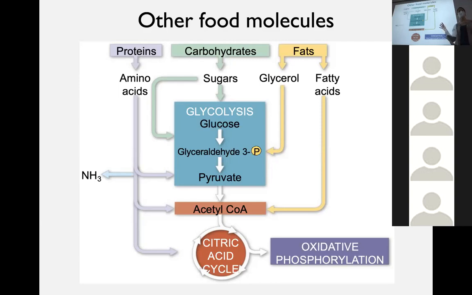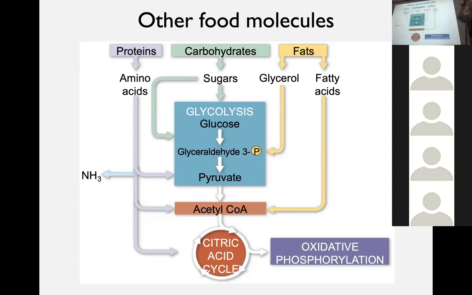I just wanted to take a second so you're not thinking, oh, all we eat is sugar and we only break down glucose. I want you to realize that yes, fats, fatty acids, or glycerols, will basically bypass the glycolysis step because they don't need to be broken down like glucose does. So they'll come in later in this whole process. Proteins, same thing. They'll come in a little bit later.